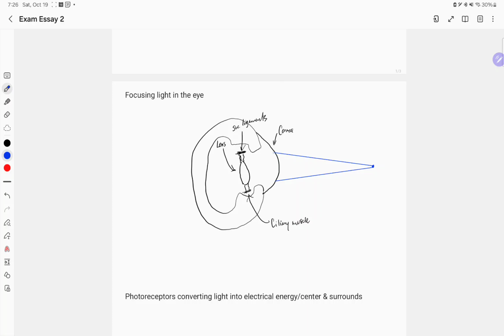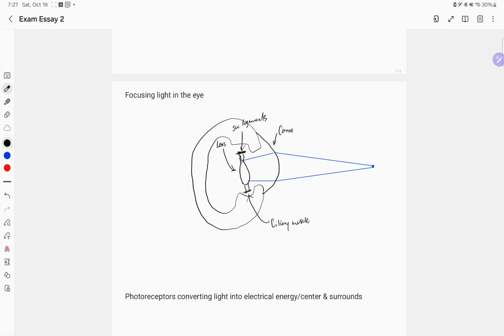So light will come to the eye, hit the cornea, and then hit the lens. And this lens is something that can be controlled because of the ciliary muscle. So what do I mean by that?